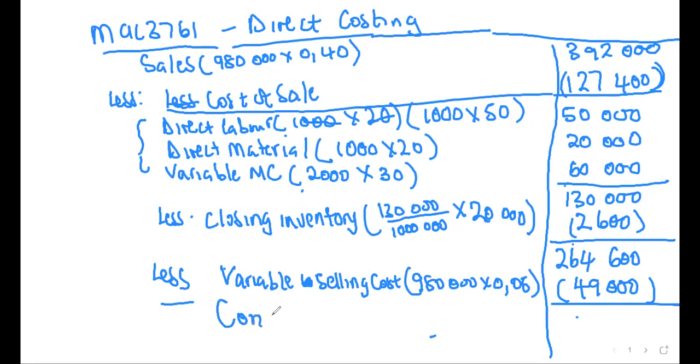When we are using this, we are now going to say contribution. So what is going to be our contribution is 264,600 minus 49,000. So our contribution is going to be 215,600.